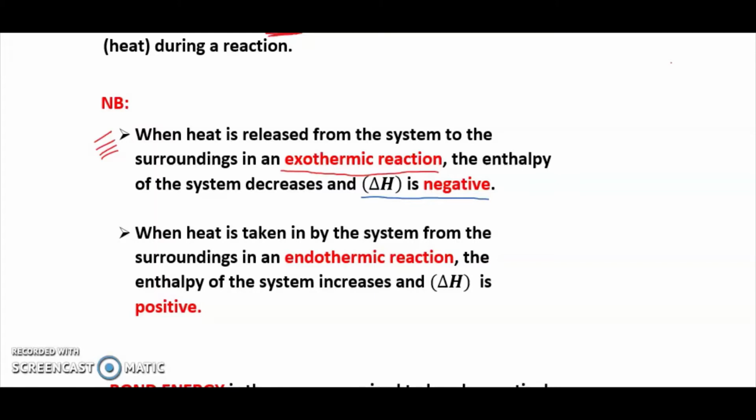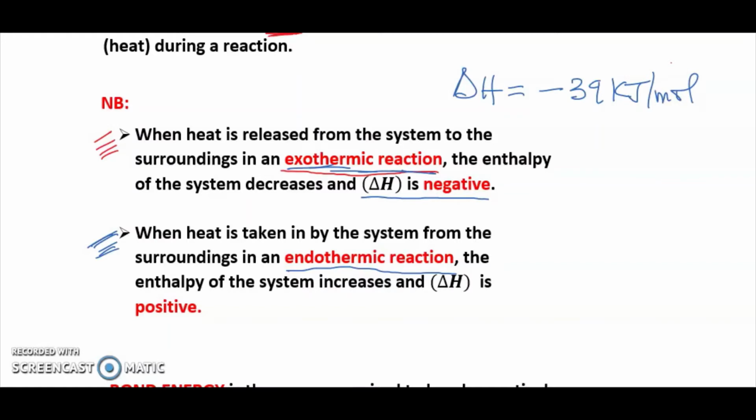The second thing we want to take note of is this. When heat is taken in by the system from the surrounding in an endothermic reaction, the enthalpy of the system increases and delta H is positive. So when delta H is negative, let's say we calculate delta H and it gives us a value of, let's say, negative 39 kilojoule per mole, it means we are talking about an exothermic reaction.